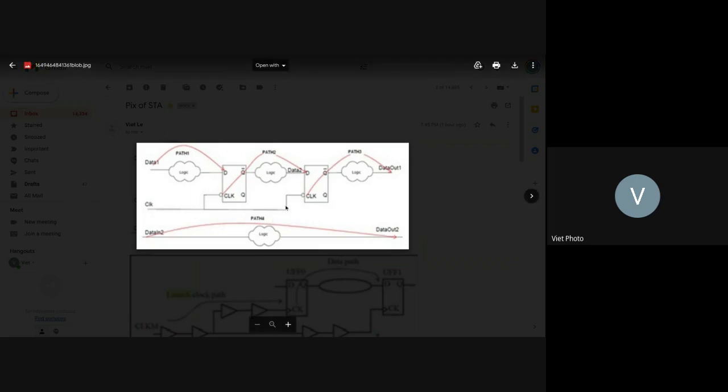The clock goes like that, and this one is the path in between two flops. And when it's here, you go out and go to another block or to the pin. You can consider that each one is a block. Then this one goes from the other block, through the logic here and out, without any flop. So these are four. You have four types of data paths here, which is typical of a timing report.